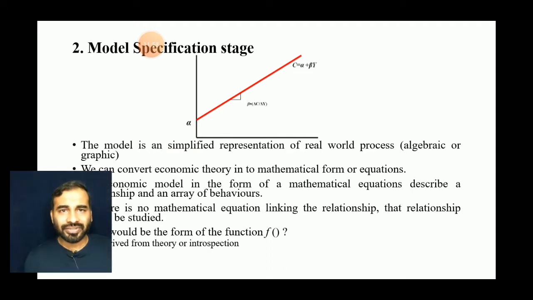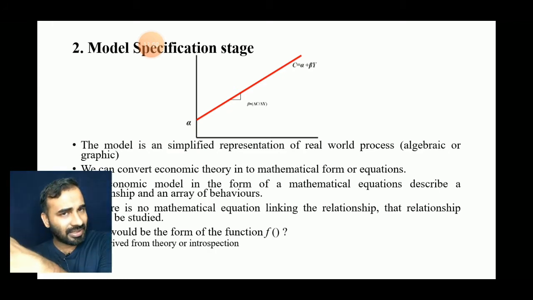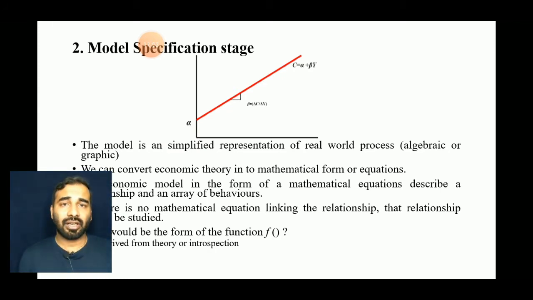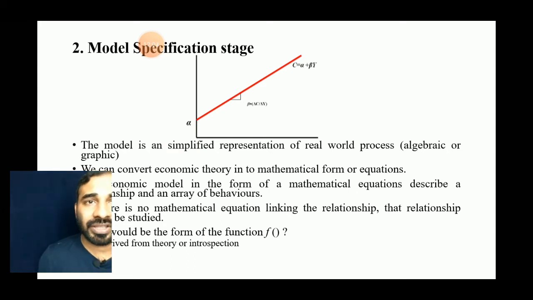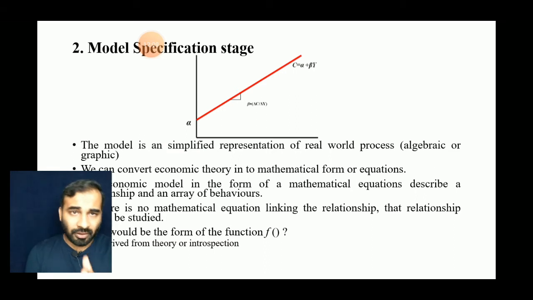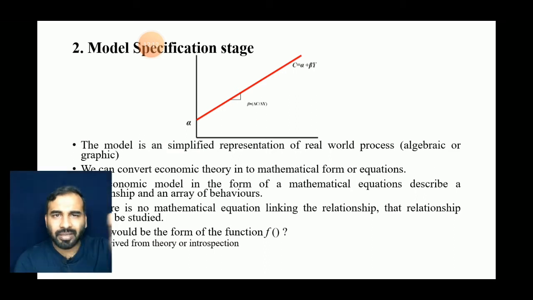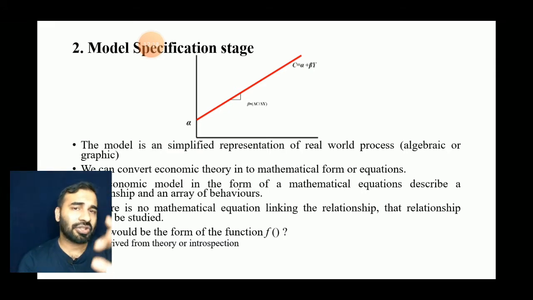So how can we convert the three conjectures into a graph? Look at this graph. On the vertical side, we have consumption. On the horizontal side, we have income. Whenever income increases, you can see that consumption is increasing. And why is our graph starting from above the zero, or above the origin of the graph?